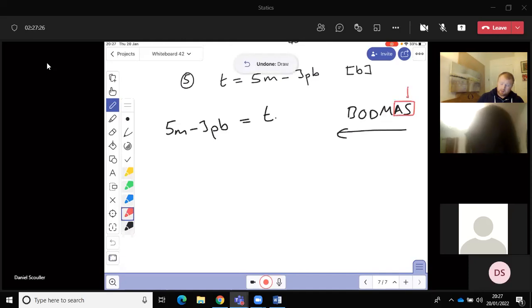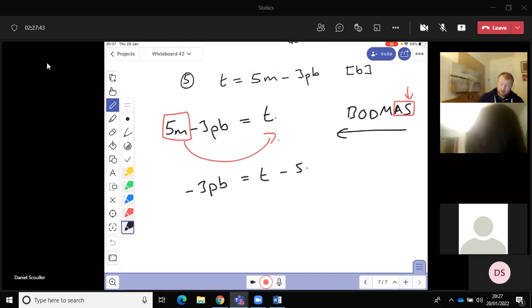Is there any add and subtract? That's the first thing we're looking for. Yes. That's 5m gets moved over. And it might throw you the fact that we're just left with negative 3pb. That 5m is positive on the left-hand side, so it becomes negative on the right-hand side.